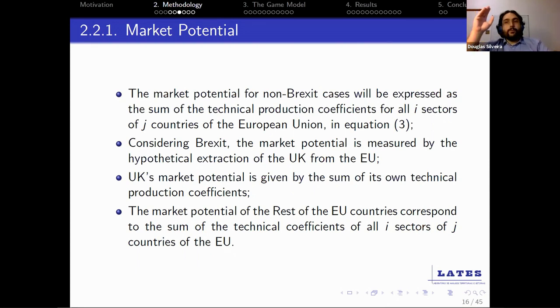Once we did that, the UK's market potential is given by the sum of all its technical production coefficients, and the market potential of the rest of the European Union countries corresponds to the sum of the technical coefficients for all sectors of the countries of the European Union.